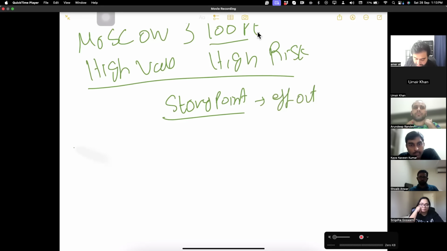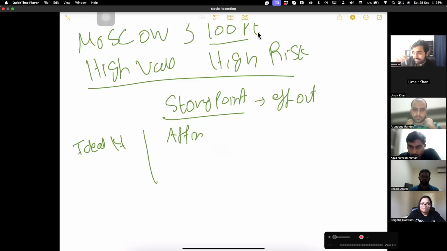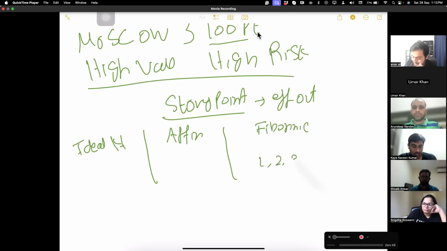We use ideal days, how much time it will take. We use affinity estimation, like categorization: small size, medium size, large, extra large. We also use the Fibonacci series, 1, 2, 3, 5, 8, 13, to decide how many story points there will be.